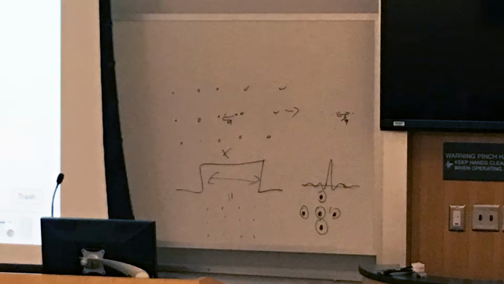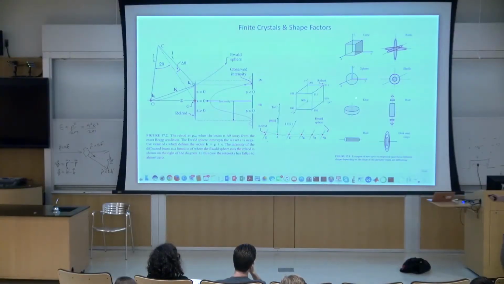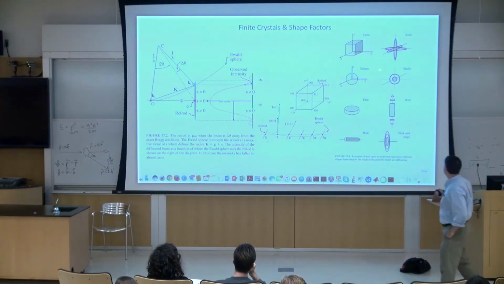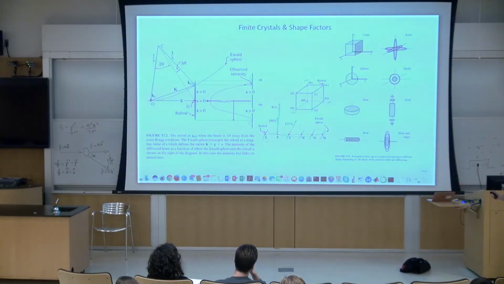So a finite object has a diffraction pattern that has the same periodicity as the infinite crystal, but the shape of every diffraction spot is telling me the shape of the object. And so if I had a cube, I am going to get the Fourier transform of a cube.